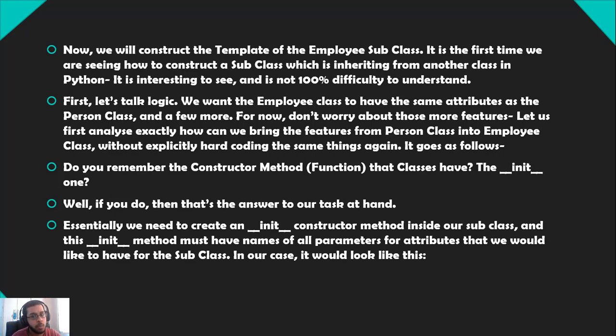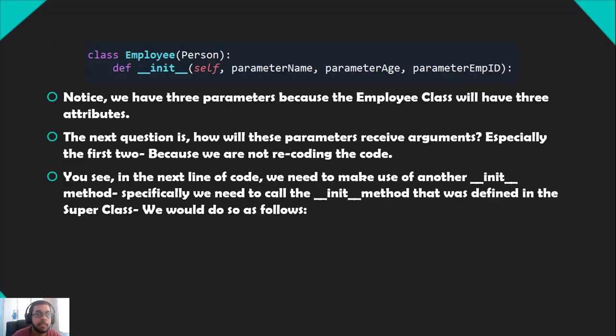In our case, it would look like this. Class Employee(Person): def init(self, name, age, emp_id). Notice we have three parameters because the employee class will have three attributes.